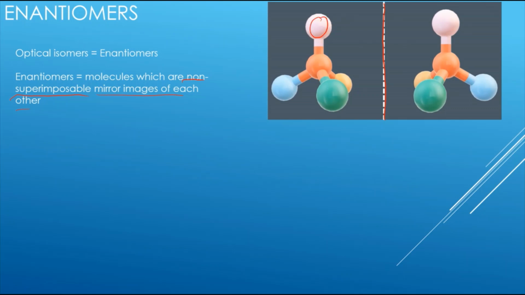Looking at the top, we have pink at the top, pink there as well, blue on the far end from the reflection line, and blue on the far end of the reflection line in this one as well, green there, and the yellow there. So I can see that these are mirror images of each other. This fits in with the definition of mirror images of each other.